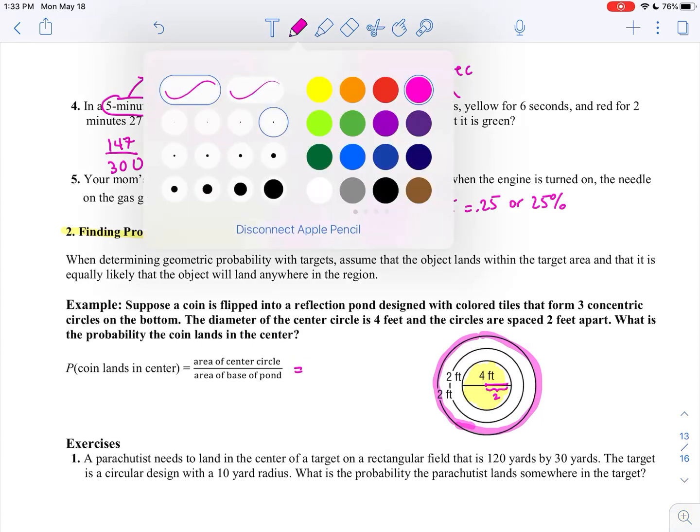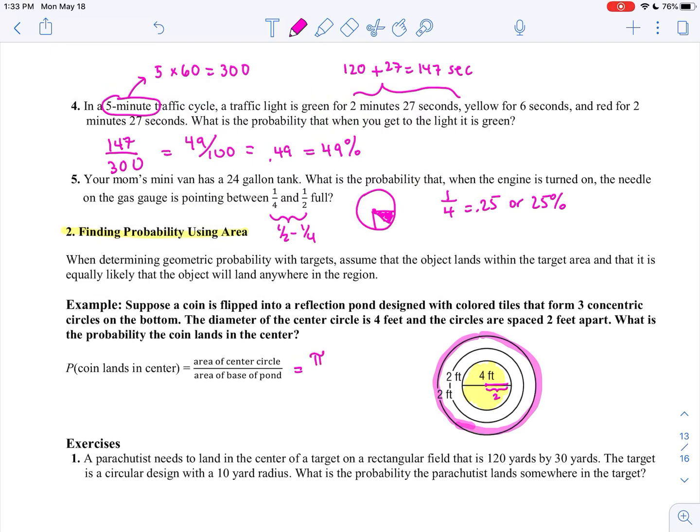We'll start with the area of the little circle, the highlighted one. That is pi r squared, where r is 2. And we're going to divide by the area of the bigger circle. Well, if the radius of the small circle is 2 and the circles are spaced 2 units apart, this would make this unit on this side 2 and then another 2.